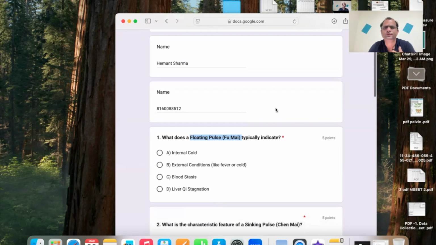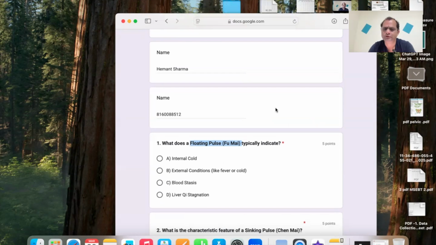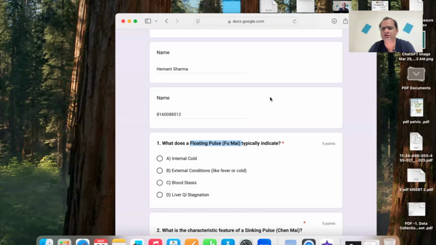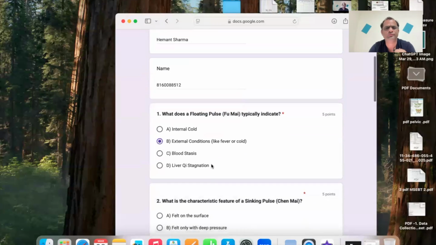Any wind attack, wind heat, wind cold. Yeah. So external condition like wind heat, wind cold, and what else? Which disease? Like fever, sneezing, cough and cold. So in this condition, the floating pulse indicates external condition. Very good.